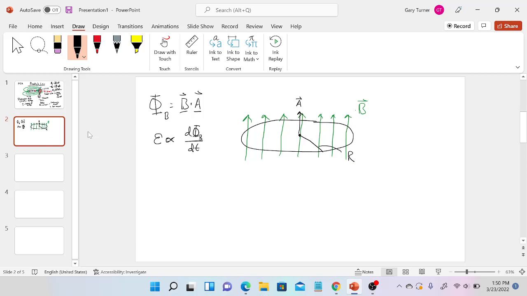So the electromotive force is going to be proportional to how the flux changes with respect to time.